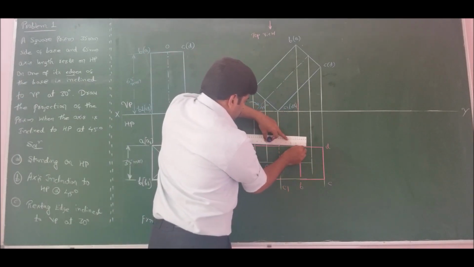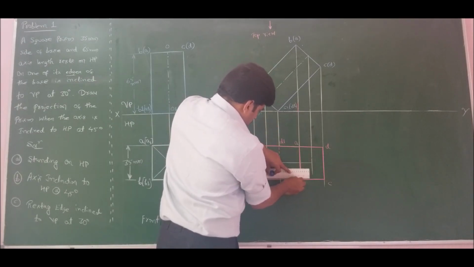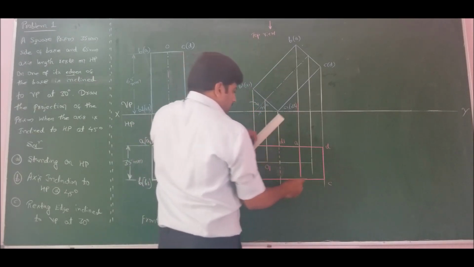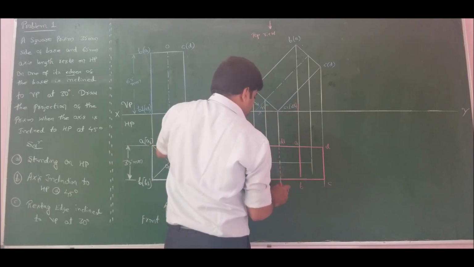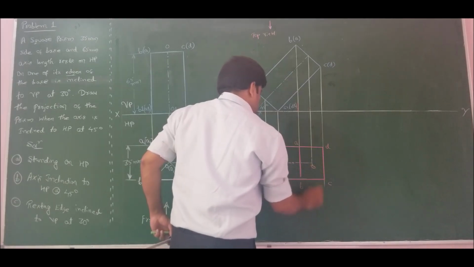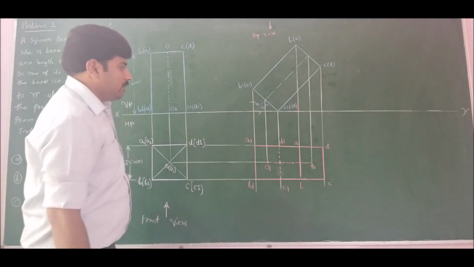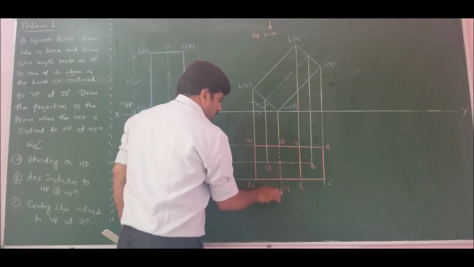A1 to A, D1 to D, B1 to B and C1 to C, and the axis is marked with dashed lines with dots in between. So this completes the top view in the second position.